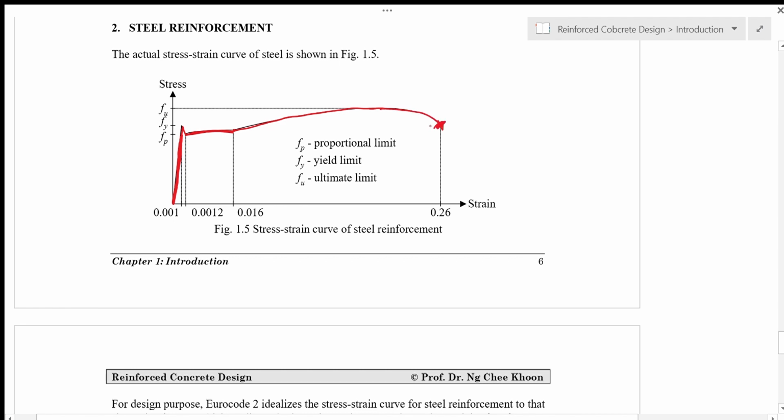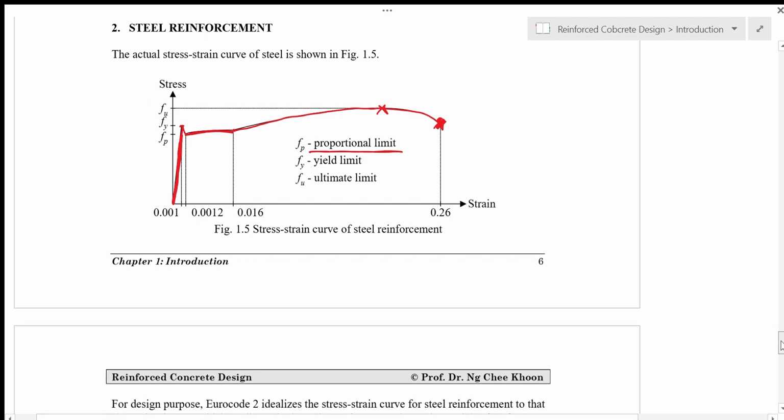In this case we have the linear part, which we call the proportional limit, fp. And then fy is the yielding point, and then fu here is the ultimate stress of the steel bar that we use in our reinforced concrete.